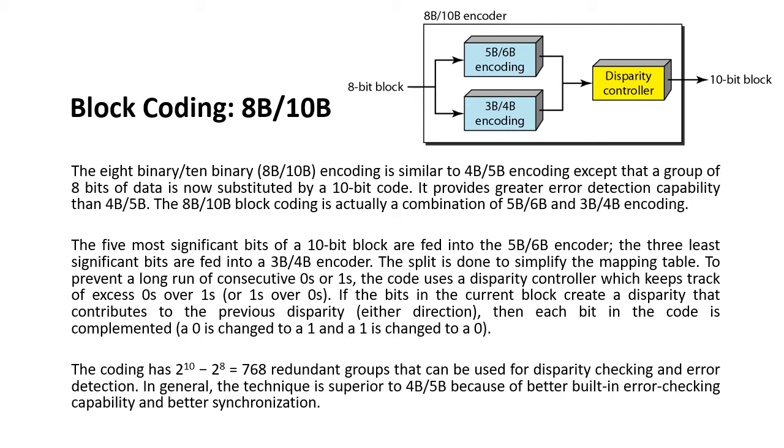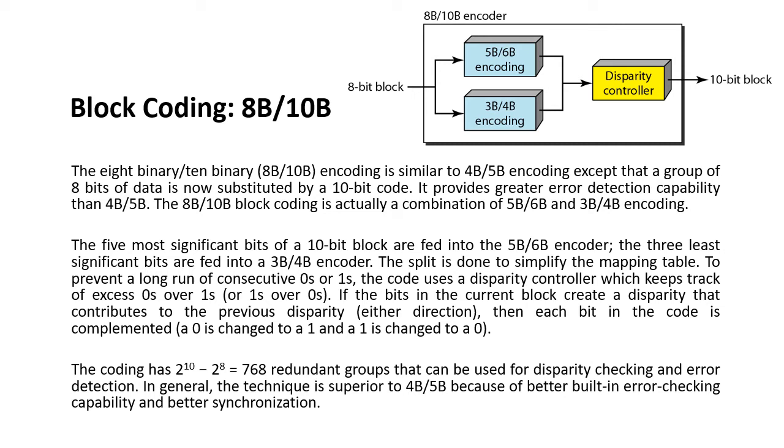So the code uses a disparity controller which keeps track of excess zeros over ones or ones over zeros, and if the bits in the current block create a disparity that contributes to the previous disparity in either direction, then each bit in the code is complemented. Okay, a 0 is changed to a 1 and a 1 is changed to a 0.